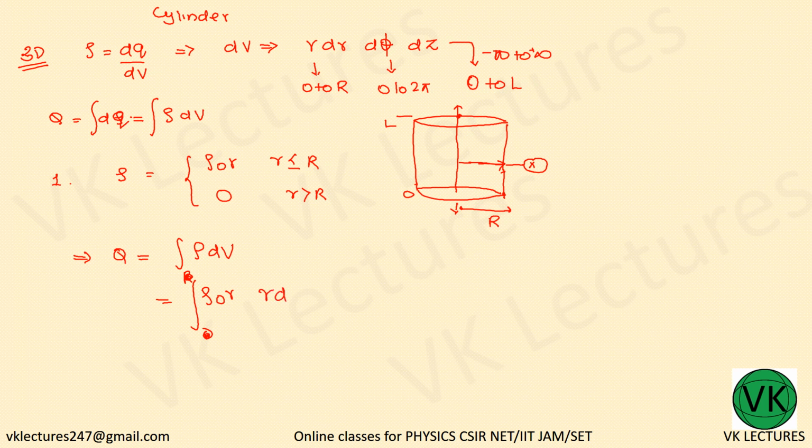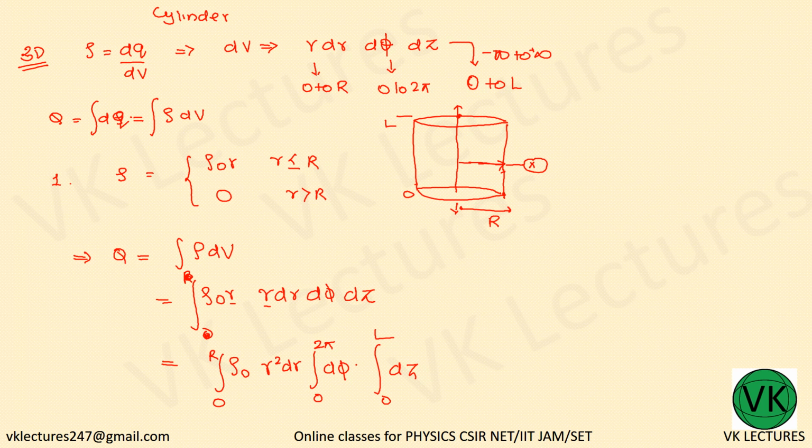Splitting it, the integral of rho naught r squared dr is from 0 to capital R, d phi from 0 to 2 pi, and dz from 0 to L.